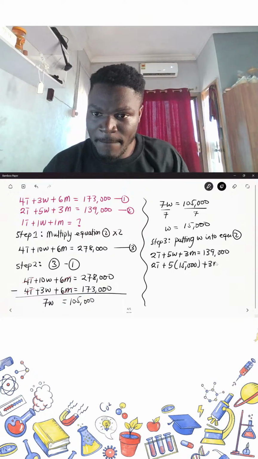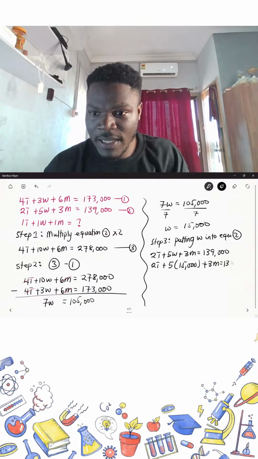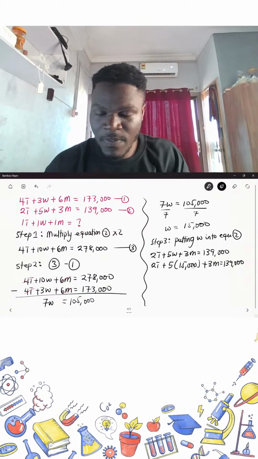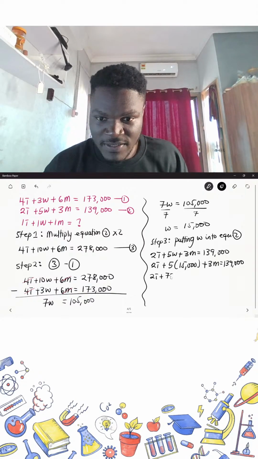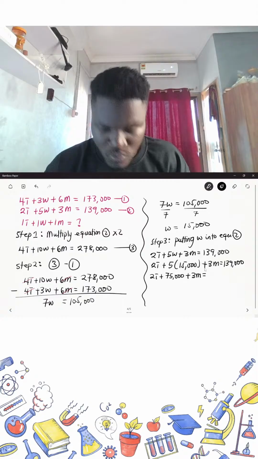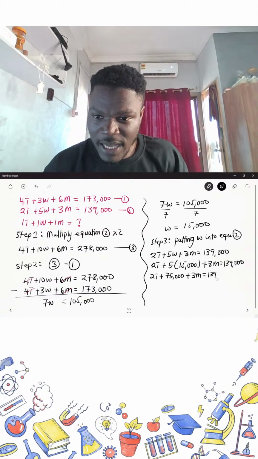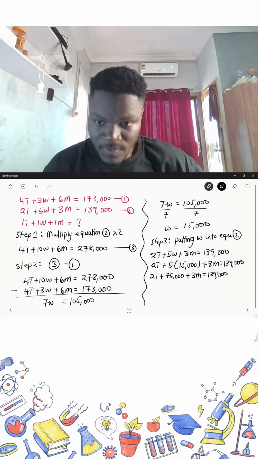plus 3m is equal to 139,000. So we will have 2t plus 5 multiplied by 15,000, which gives us 75,000, plus 3m, and this will be equal to 139,000.